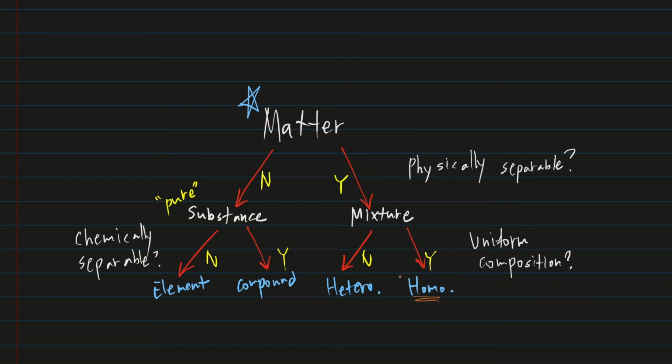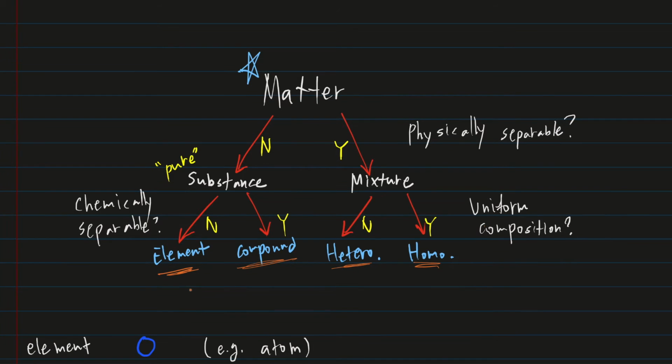When they do not have uniform composition, we call them heterogeneous mixtures. In the case of pure substances, when they're chemically separable, we call them compounds. And when they are not chemically separable, we call them elements. An example of an element would be an atom, and a compound would be a molecule.